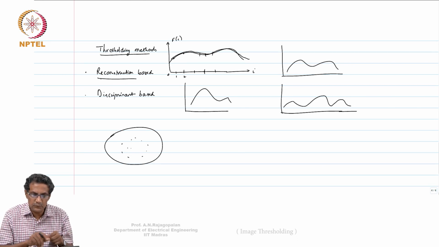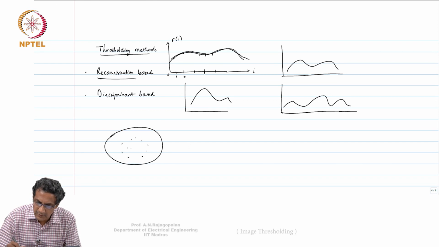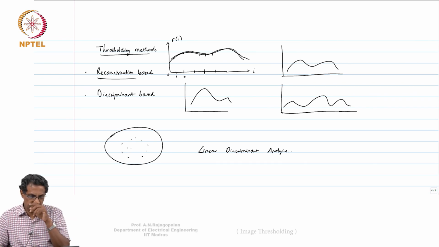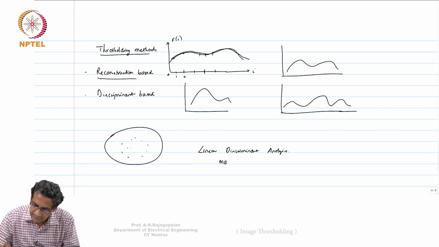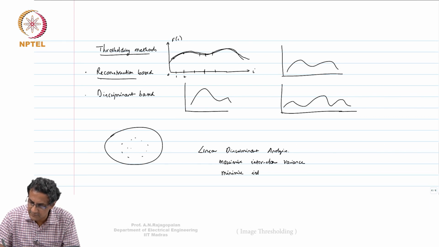The other way to do it is what is called discriminant analysis, linear discriminant analysis, in which you pick the basis, that means you pick these vectors, such that you maximize interclass variance and minimize intraclass variance.